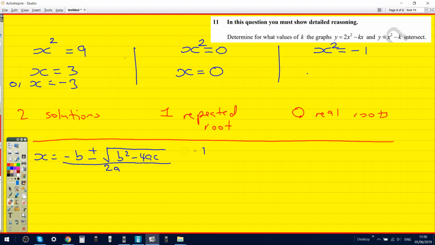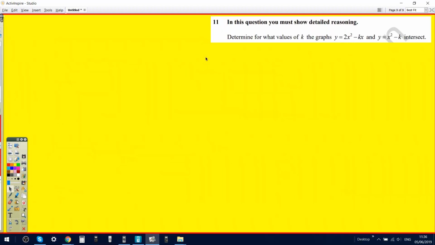So basically, if b squared minus 4ac is greater than 0, you get 2 real roots. If it's equal to 0, you get 1 repeated root, and if it's less than 0, you get no real roots. But why couldn't you just solve the equation and that'll give you two x values, when you could just use those?